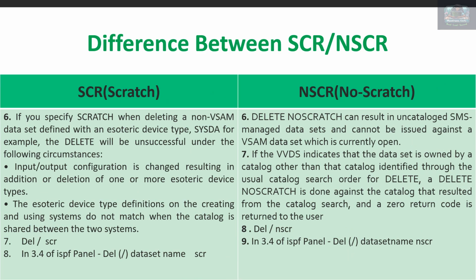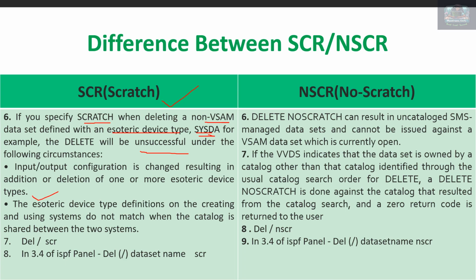If you specify scratch when deleting a non-VSAM dataset, as I told you before, there is a device type called an esoteric device type. Suppose someone is deleting a dataset with scratch, meaning you are removing everything, and it is defined with SYSDA. You may face an unsuccessful deletion. Your dataset will not be deleted in some circumstances when the input and output configuration is changed, resulting in the addition or deletion of one or more esoteric device types.